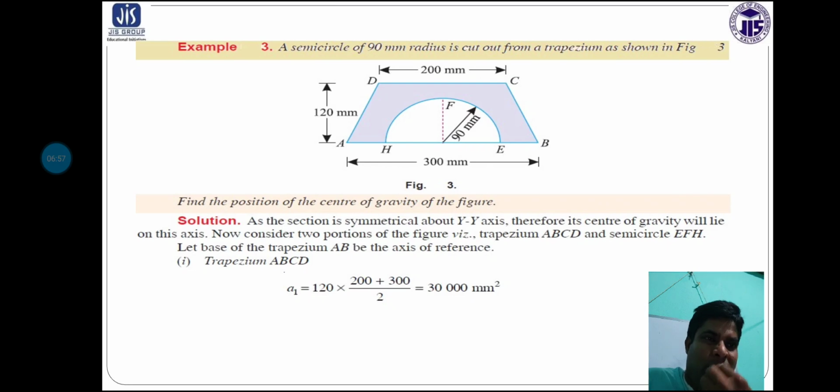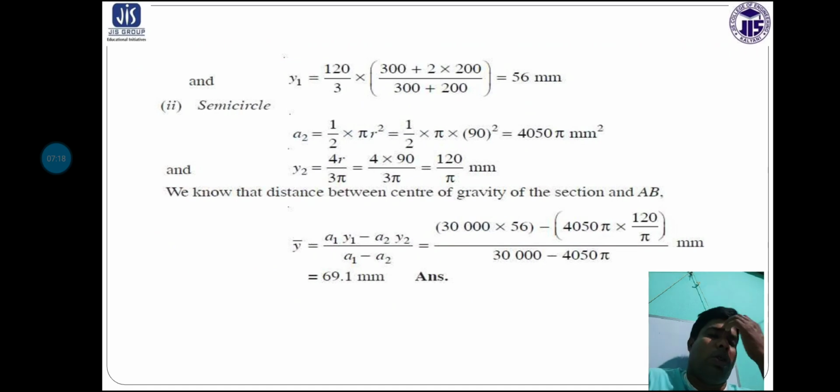For the trapezium ABCD, the area will be 120 by 2 into (200 plus 300), that means H by 2 into (B plus A). So 30000 millimeter square will be the area. Next Y1.